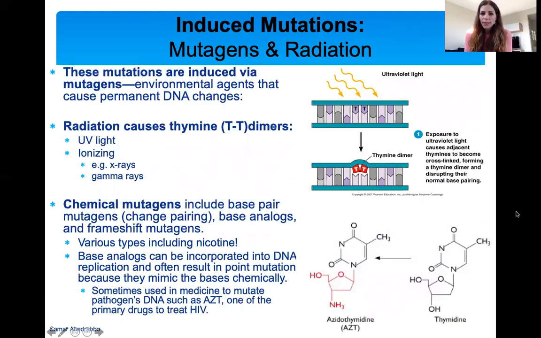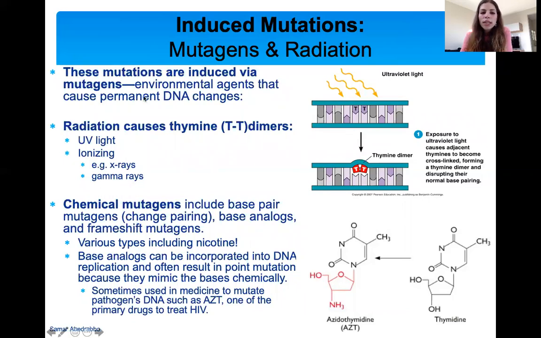So we were talking about spontaneous mutations, and now we are going to talk about what happens when you actually induce mutations. So induced mutations are induced through physical or chemical means, and there are different environmental agents that cause DNA changes, because remember that a mutation is a change in the DNA sequence.